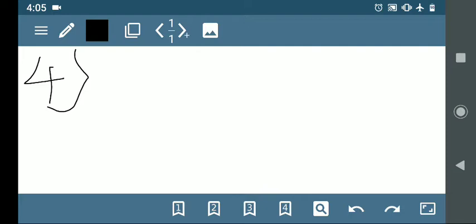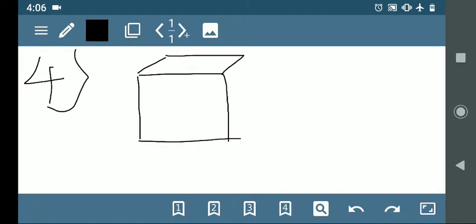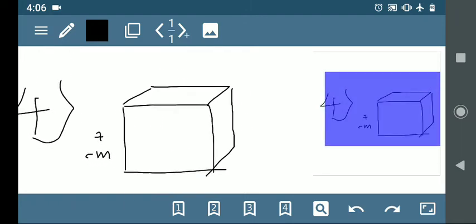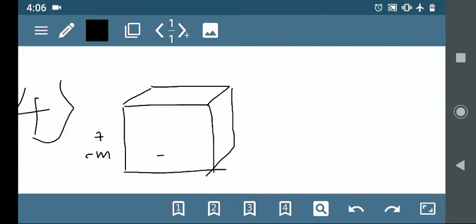The question is a cubical block of side 7 centimeter. What we have? A cubical block. Cubical in the sense all the sides edges are equal. Cubical block of side 7 centimeter. Height, breadth, length, everything is 7 centimeter.